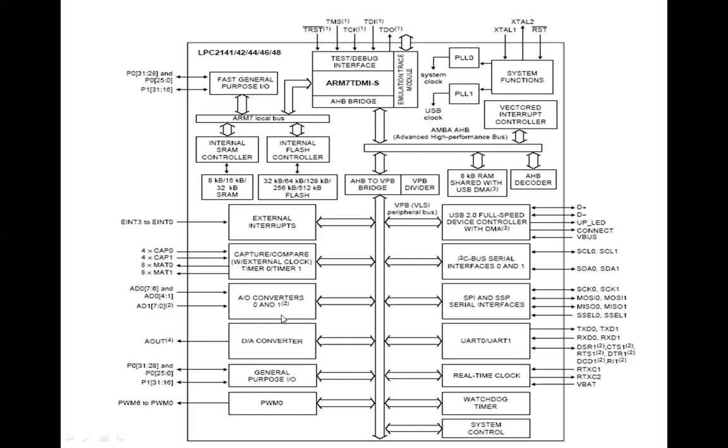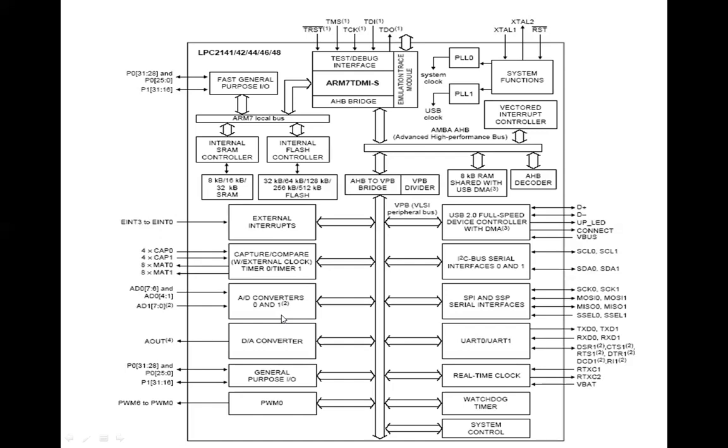Then again you see general purpose IOs. So GPIO registers are there, and these GPIO registers also provide you ports. In the top leftmost corner we see a fast general purpose IO, and here it is the general purpose IO, so there is some difference between these.